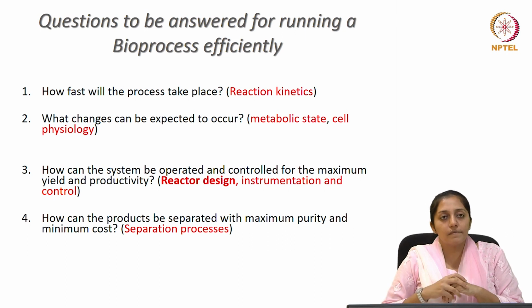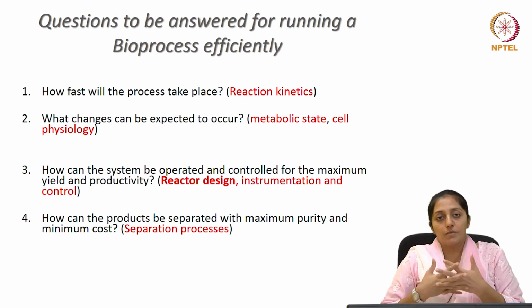This also involves instrumentation and control, but here we are going to focus in this course on the reactor design aspect. What do we mean by reactor design? When we need to ensure that the system is operated and controlled to achieve maximum productivity.